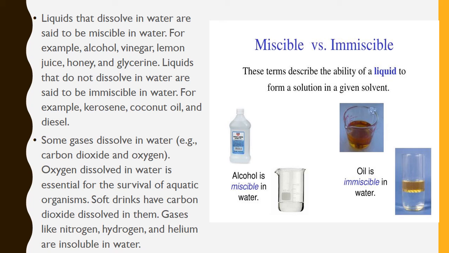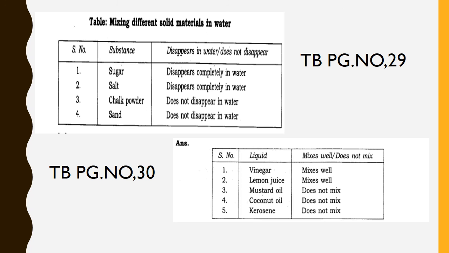So those liquids which mix well with water are said to be miscible. The substances which do not mix well with water are called immiscible. So soluble and insoluble is another property.